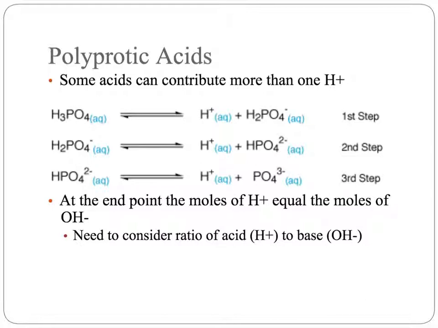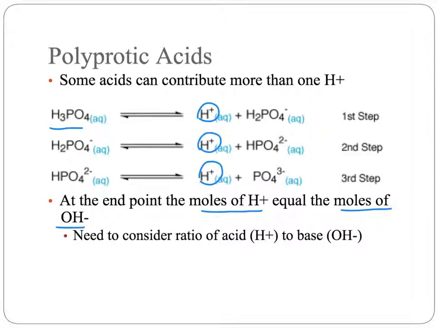So just to review, the polyprotic acids contribute more than one hydrogen ion. So we've got phosphoric acid here, H3PO4, and it can give off 3 hydrogen ions if the reaction is able to proceed to the full endpoint. At the endpoint of a titration reaction, the equivalency point, you've got the moles of hydrogen ions equaling the moles of hydroxide ion.